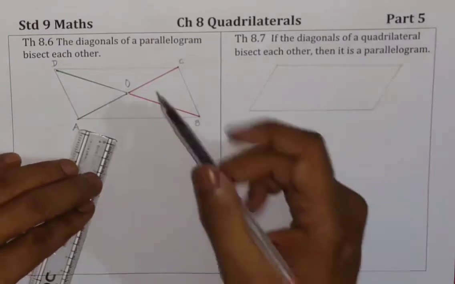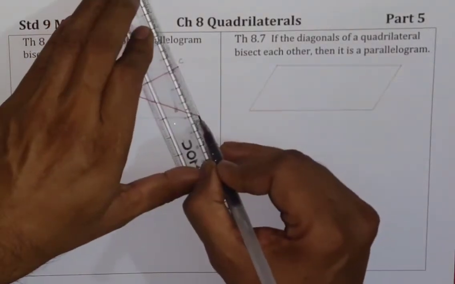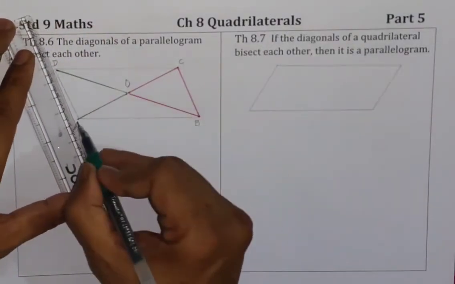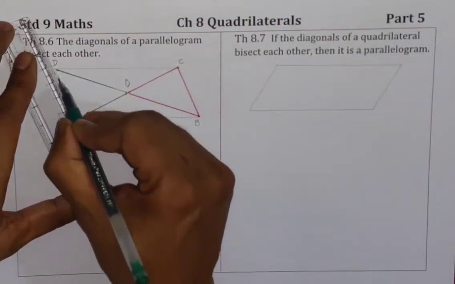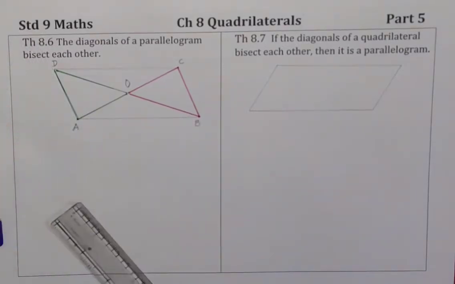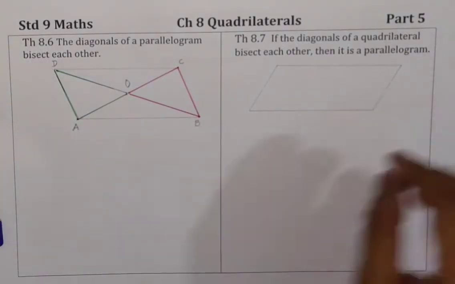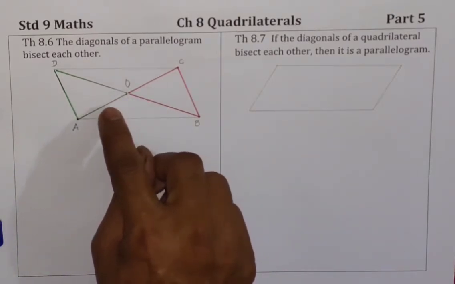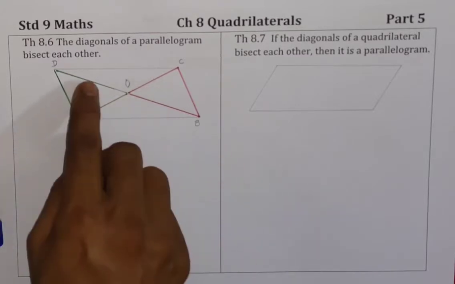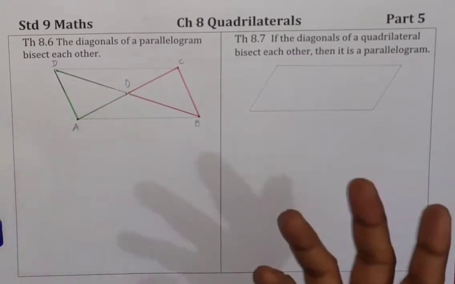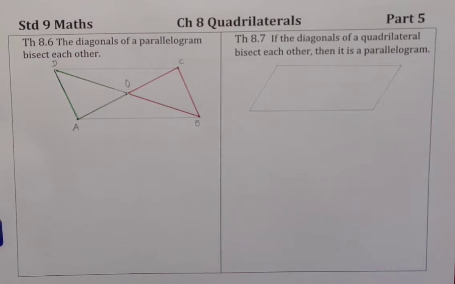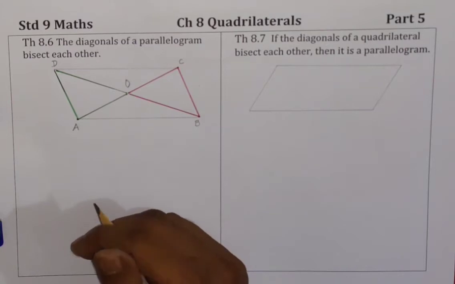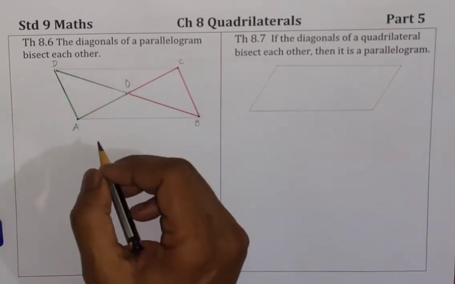So very clear, these two red sides are contained by triangle BOC and these green sides are contained by triangle AOD. So somehow if you manage to show that the green triangle is congruent to the red triangle, then corresponding parts OA will be equal to OC and OD will be equal to OB, and hence the diagonals bisect each other. Before we write, let's discuss how we can prove these two triangles are equal.